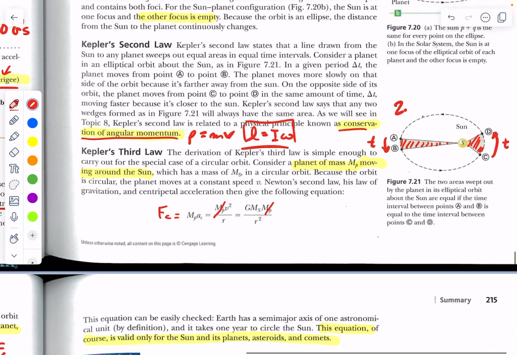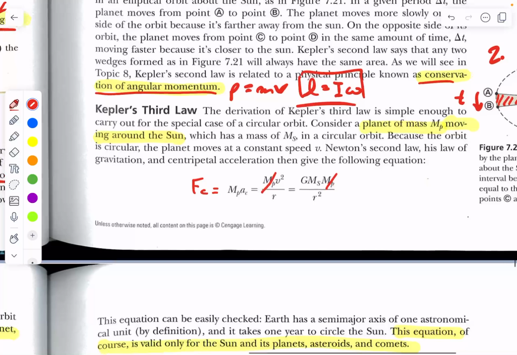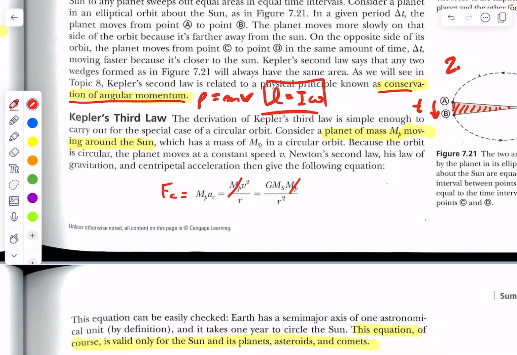Now let's look at the third law. And the third law, we can go like this. We know that my centripetal force is equal to mass times centripetal acceleration. And we can also say that centripetal force is mv squared over r.